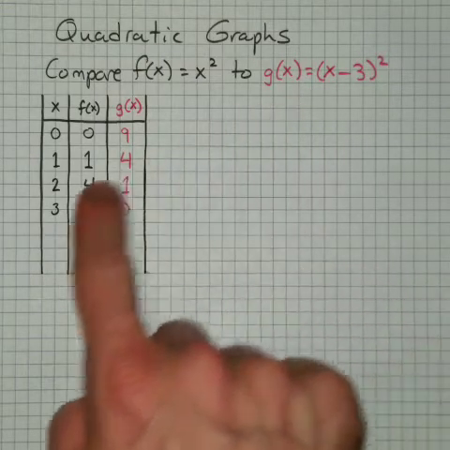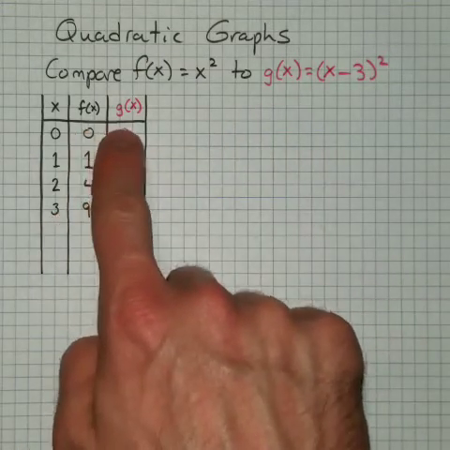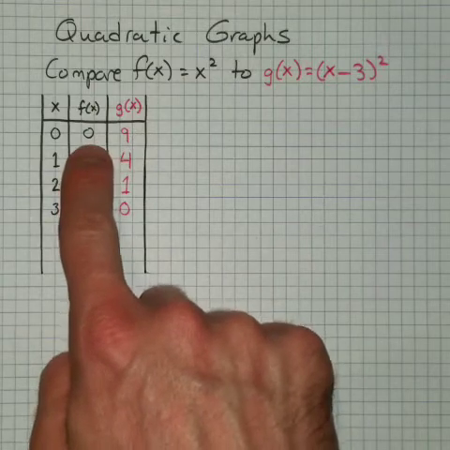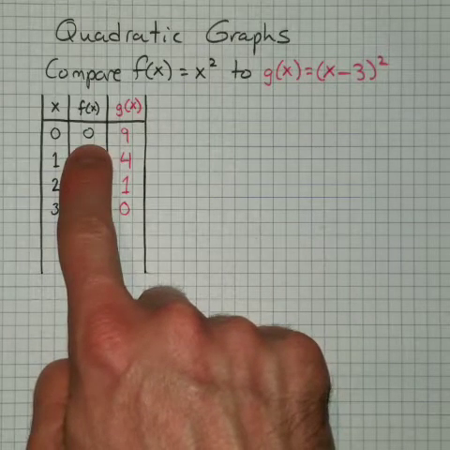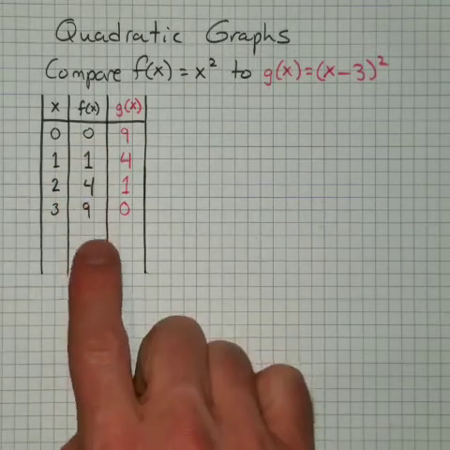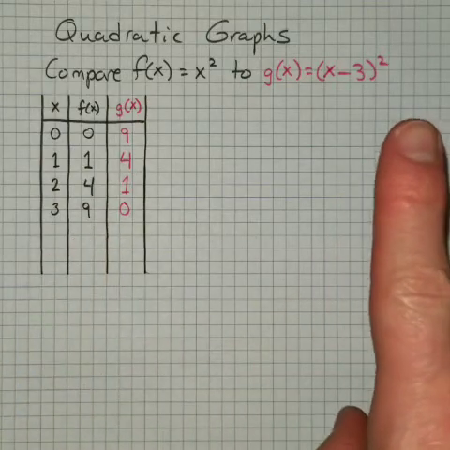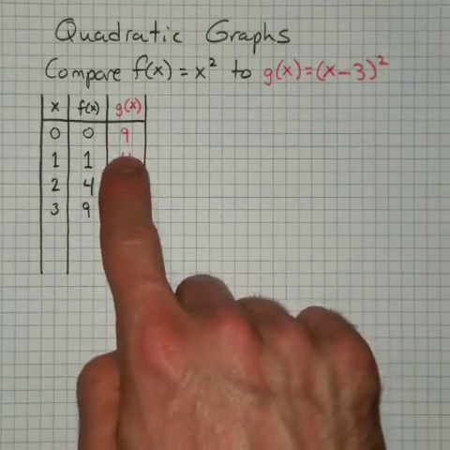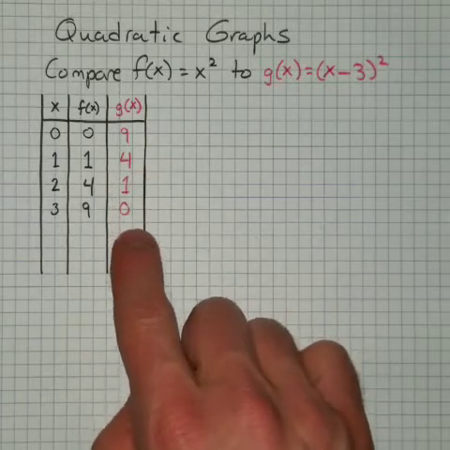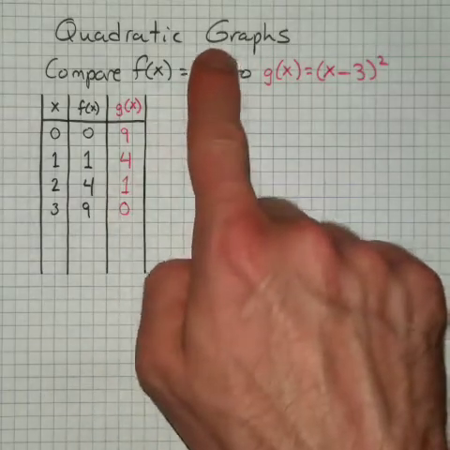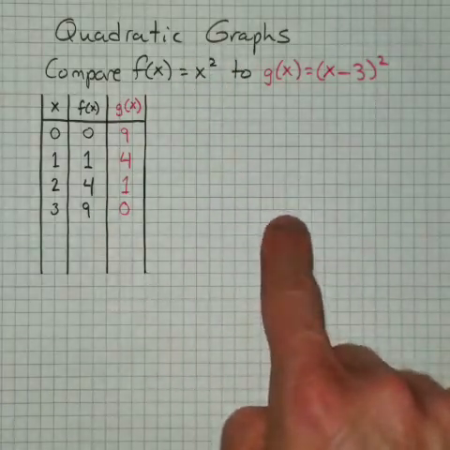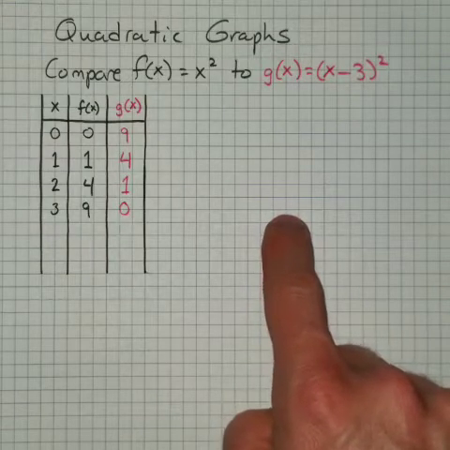It's the right half of the parabola. And that's evidenced by these outputs, 0, 1, 4, 9. So it's an increase going up to the right. Here, however, we actually have a decrease going down to 0 from 9. So you start up high and you come down. So it must be the left half of the graph.